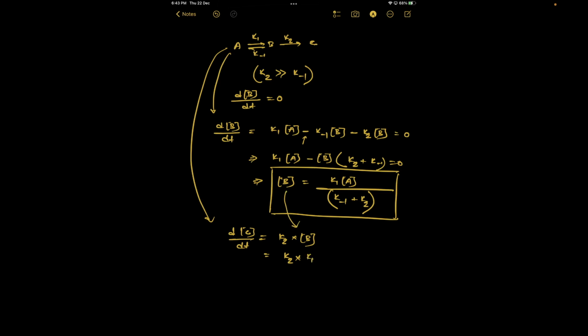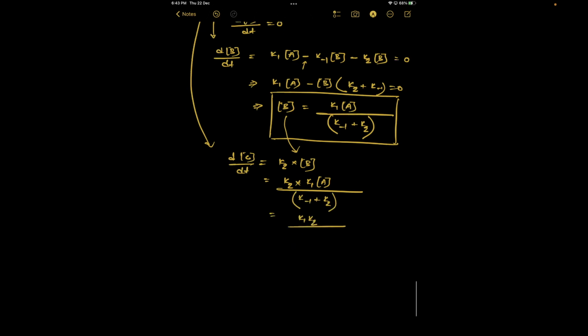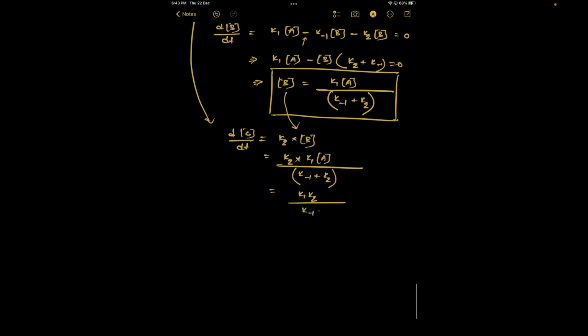It will be K1 times A divided by K minus 1 plus K2. So it will be K1 K2 by K minus 1 plus K2 times concentration of A. So here the proper rate equation will be this, with this condition.